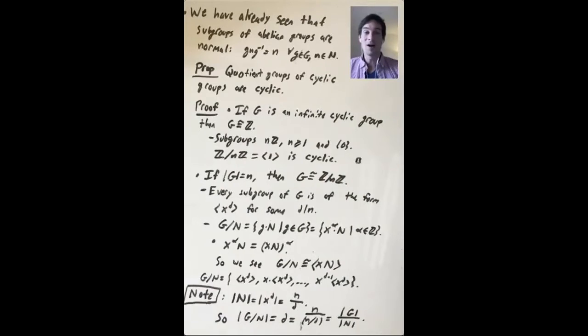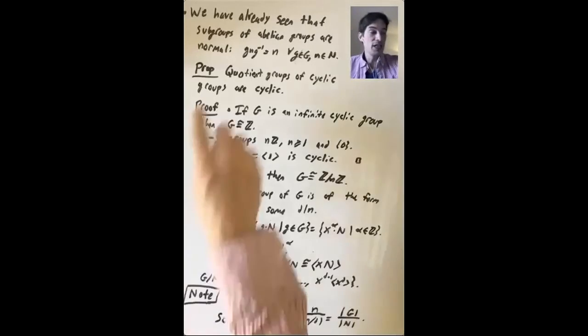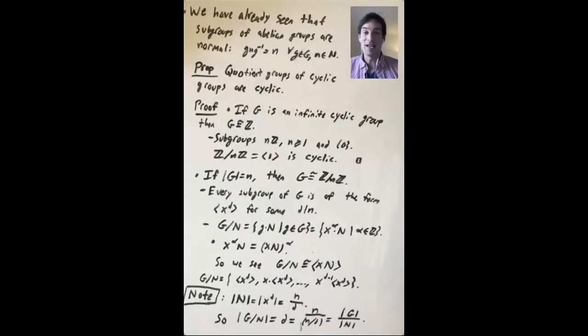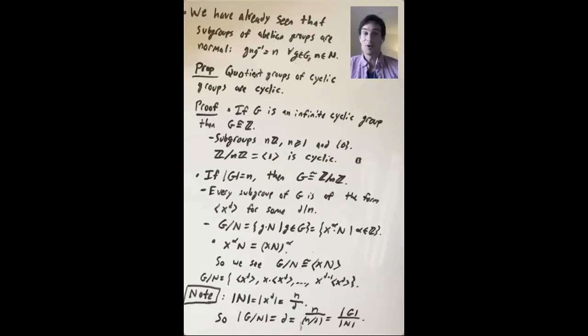Let's talk a little more about examples of normal subgroups and quotients. So we've already seen that every subgroup of an abelian group is normal. It's normal because g N g inverse is always equal to N for any g and any n. So if you look at the subgroup N, g times that subgroup times g inverse will be that subgroup because every element gets fixed.